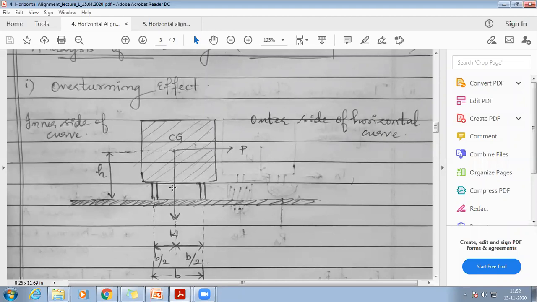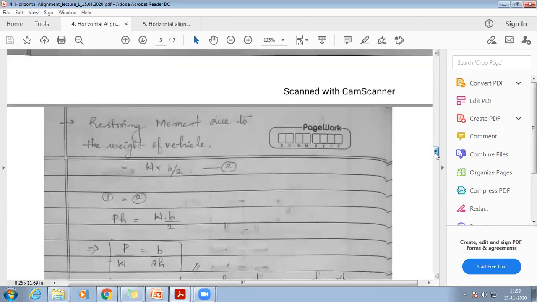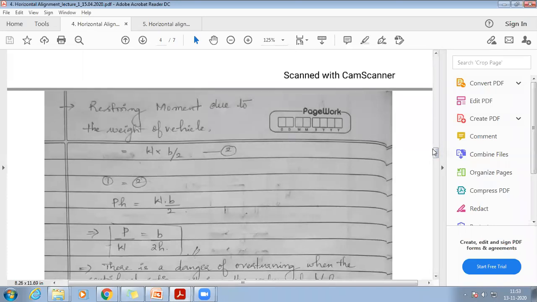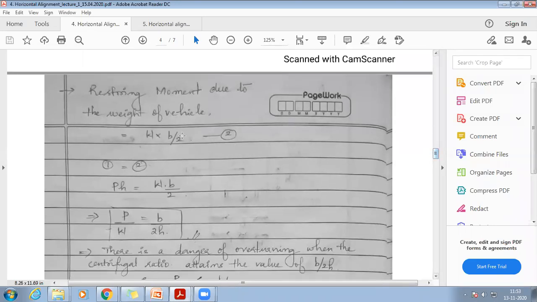That will be W, the self weight, times the perpendicular distance. What is the perpendicular distance here? It is b by 2. So that is the restoring moment, shown by equation 2.